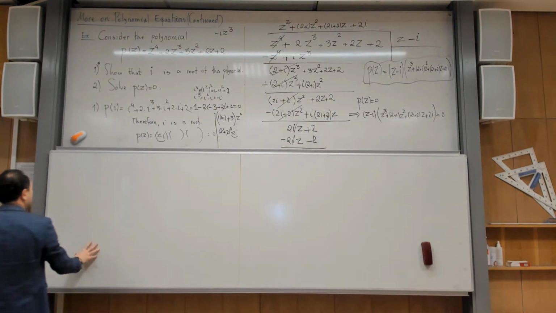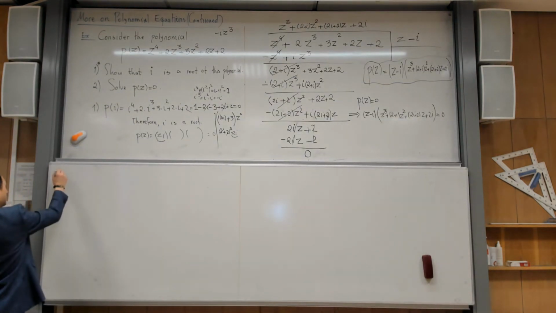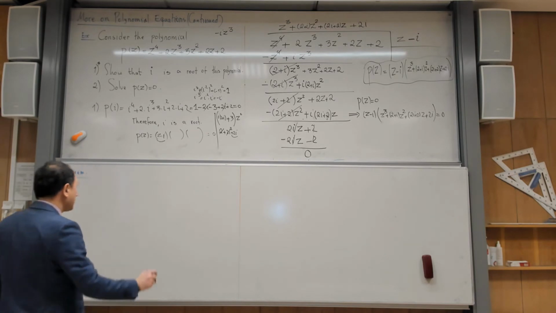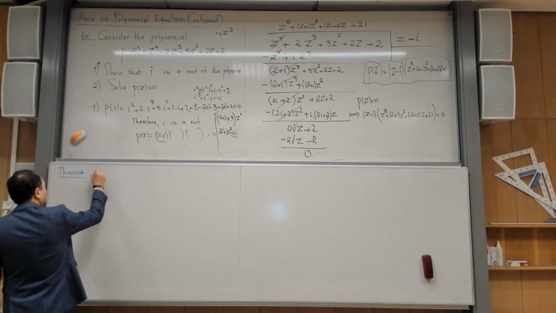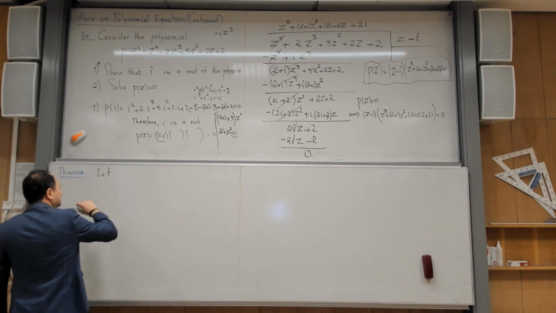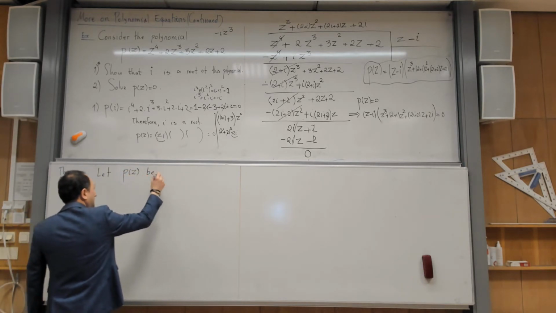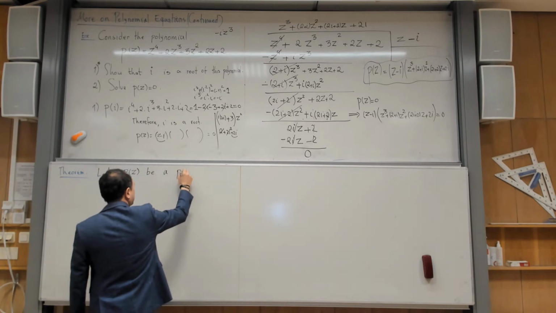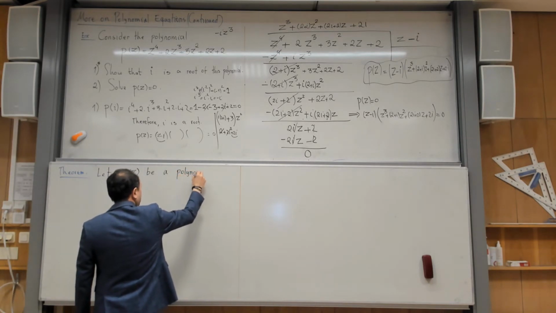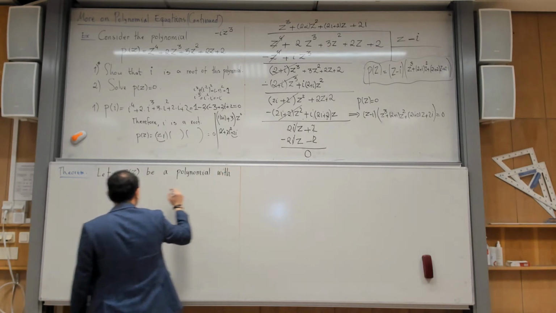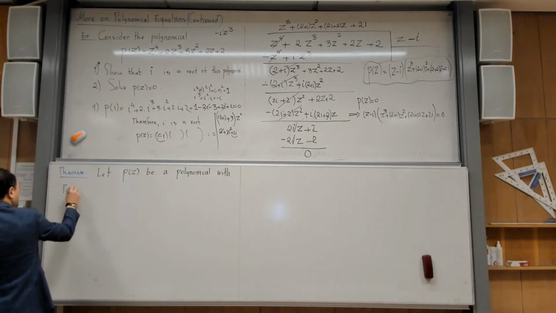That theorem is this. So let me write the theorem. This theorem is good to remember, okay? Let P of z be a polynomial with real coefficients. This is extremely important: real coefficients.